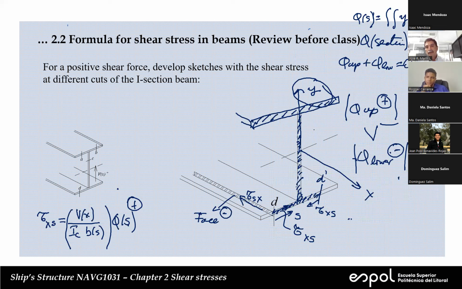If, for example, you want the thickness of the lower flange to be larger, this neutral axis will be a little bit below, but this is still true.